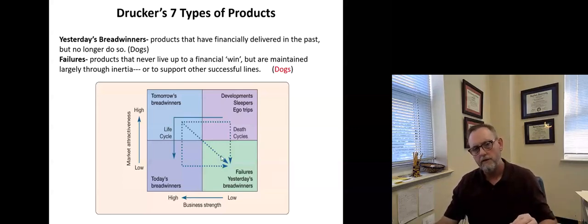Now, what we don't want to do is move quickly to the failure space or the dog space. So the dotted line is where things don't go well. I'll argue a little bit that moving from the breadwinner to the failure space or to the dog space is a part of the natural progression. So in some cases it's not avoidable.